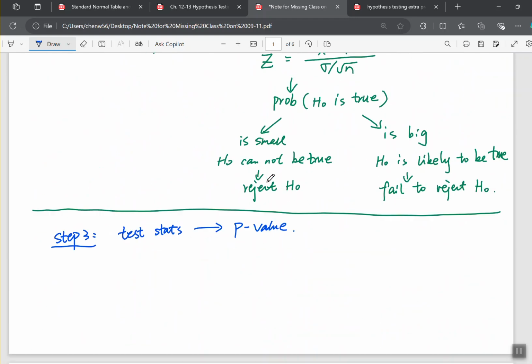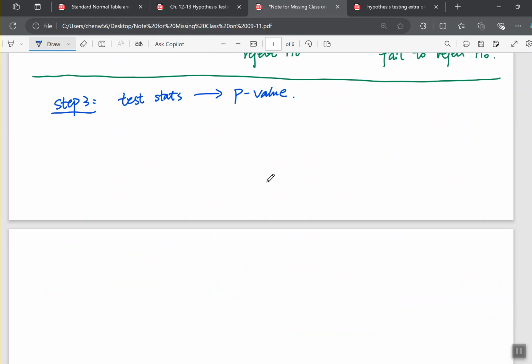All right, and last class we talked about the two cases, right? If we have a z test statistic, then how do we find the p-value? There are 3 cases we need to consider.